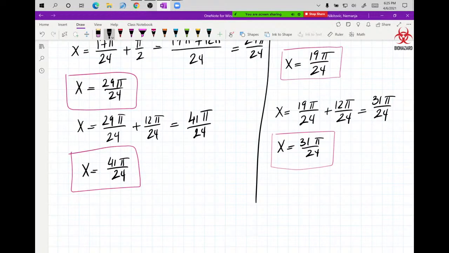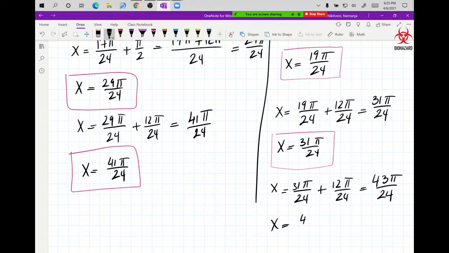Last solution is you start with 31 pi over 24 and you add another 12 pi over 24. That gives you 43 pi over 24. That's less than 48, which is good. And that would be our 8th and last solution for this problem.